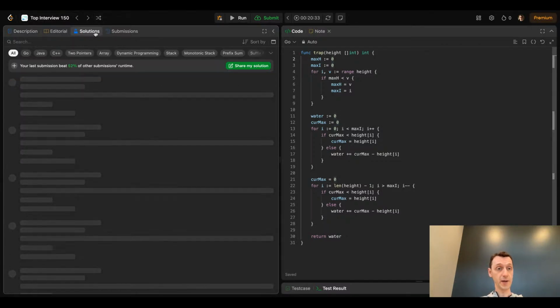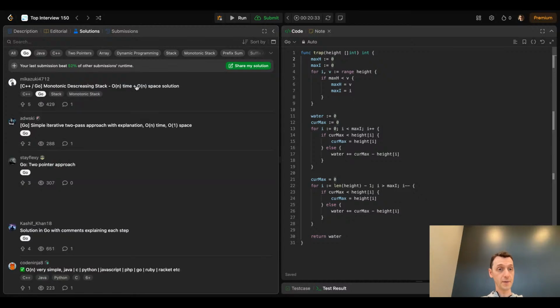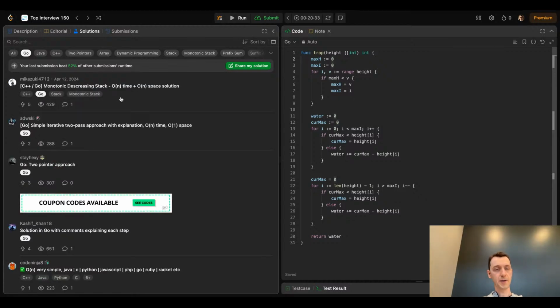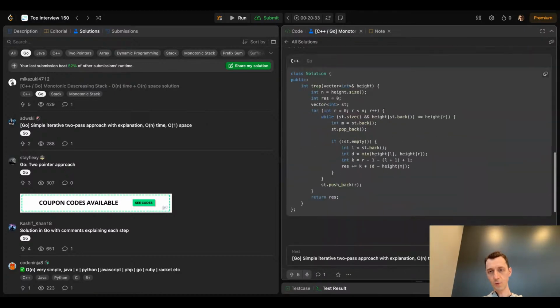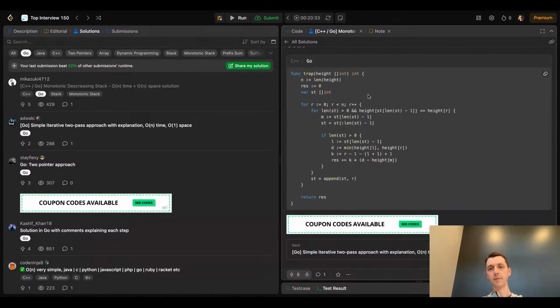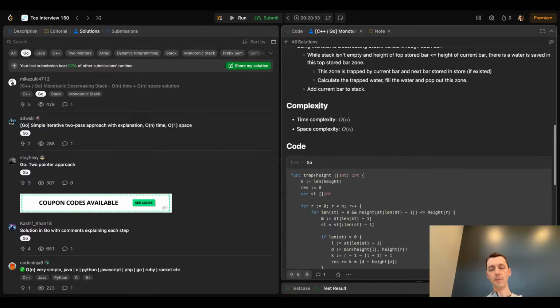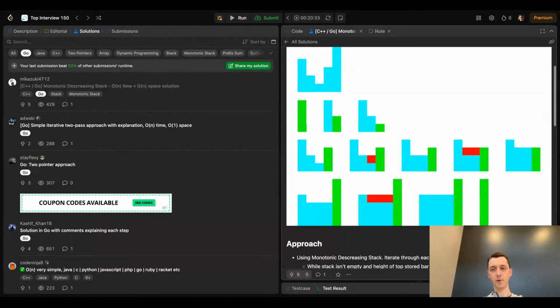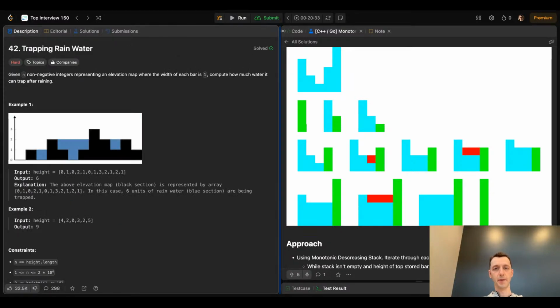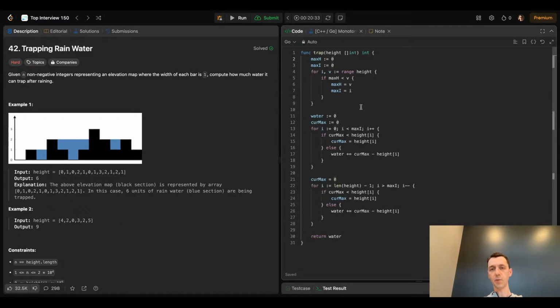One of the solutions. What is another? Oh, monotonic decreasing stack. What is that? Nested loops. All right, obviously there are more solutions than that, but this one is probably the easiest one.